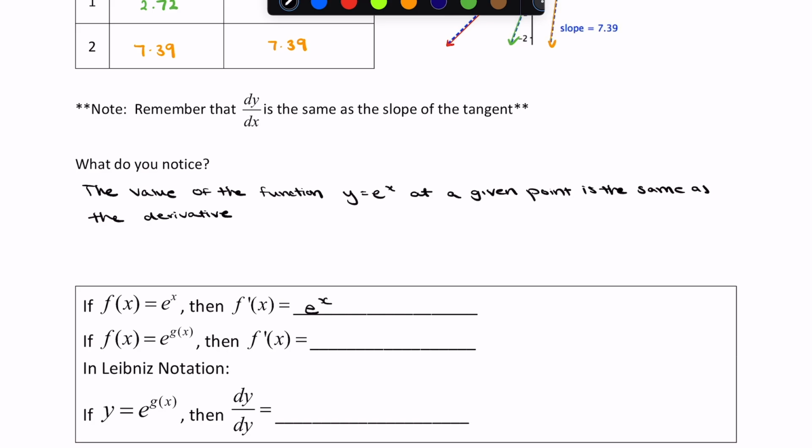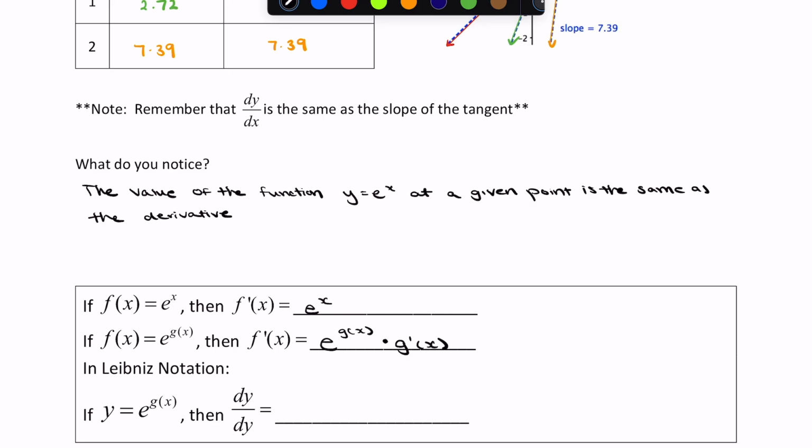If f of x is equal to e to the power of g of x, then f prime of x is equal to e to the power of g of x, which is again the same. That would be what we consider the outside. Then we have to multiply by the derivative of the inside, which would be g prime of x. So the derivative of the outside multiplied by the derivative of the inside, which has been standard when we've looked at derivatives.